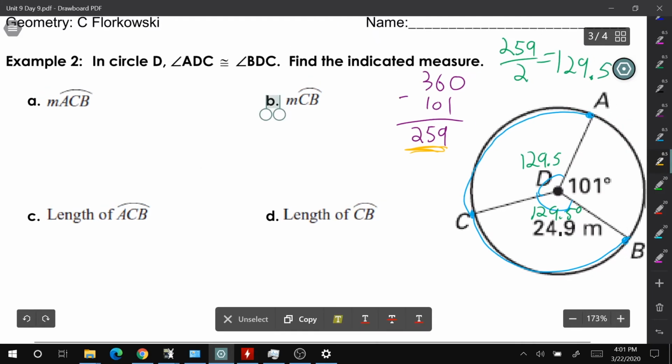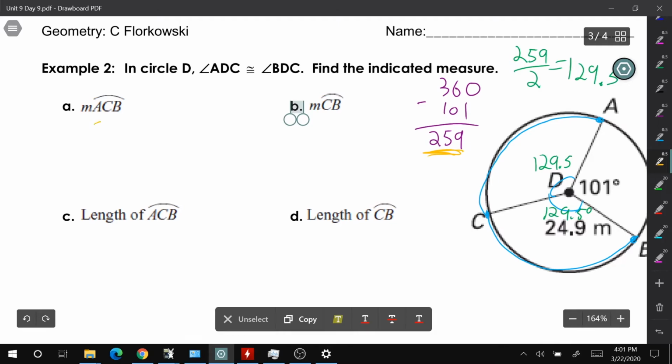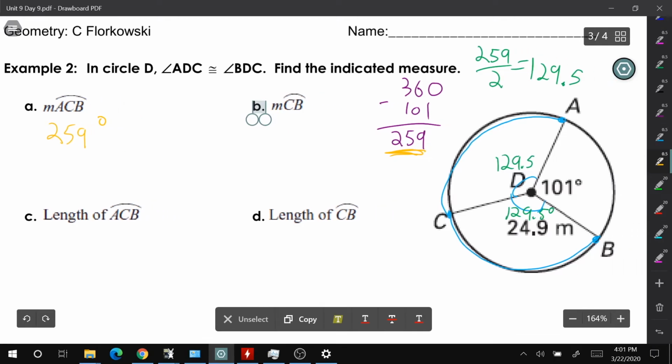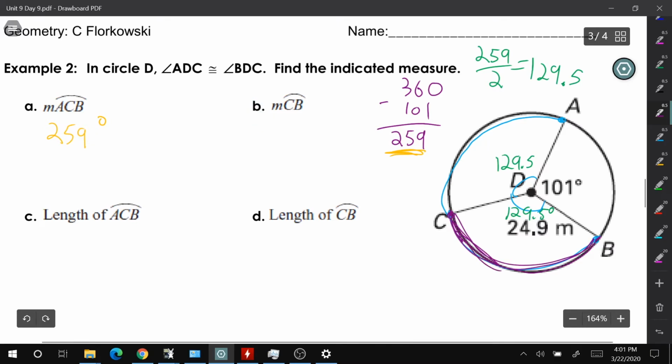So that is the arc measure, 259 degrees. And in letter B, we just want to know the arc measure from C to B. This part right here, the measure of it. So that angle we've already calculated is 129.5 degrees.